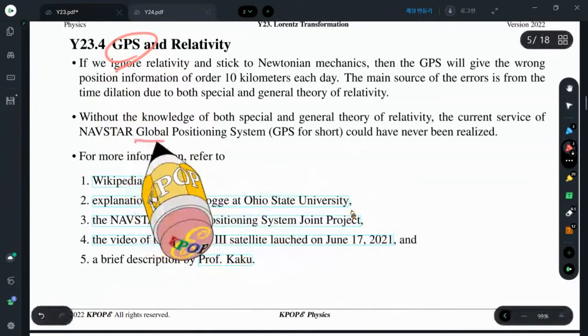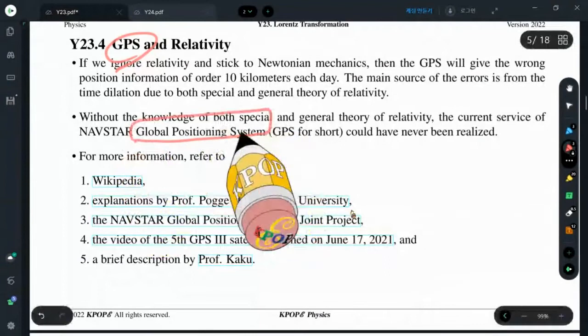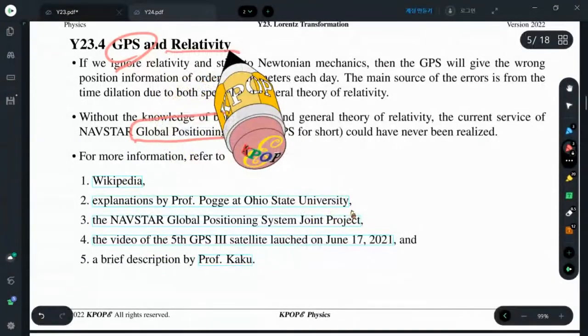GPS is the global positioning system that we use every day, in your cell phone or when you drive a car.